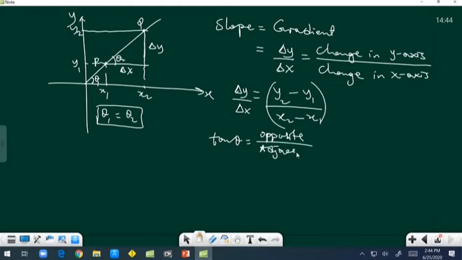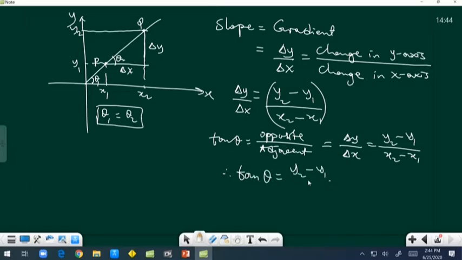The opposite here is delta y, and the adjacent is delta x. So we still have the same thing: tan theta equals y2 minus y1 divided by x2 minus x1.